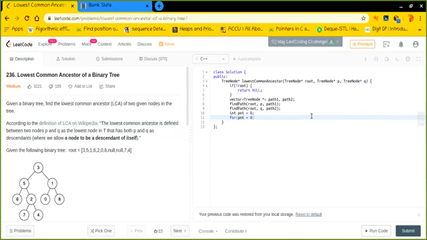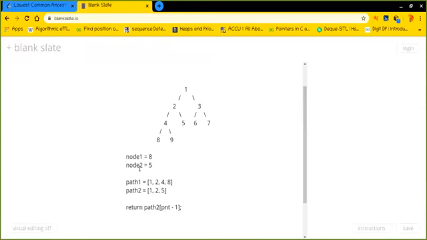Let's say pnt goes from 0 while pnt is less than whichever is the minimum size, we should move till that. Why am I saying minimum? Because let's say one node is given as 2 and the other one is like 9 or something, some way down here. The path array for 2 is simple, of size 2.